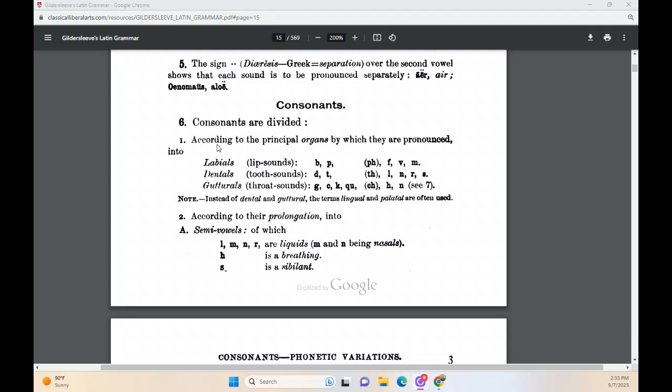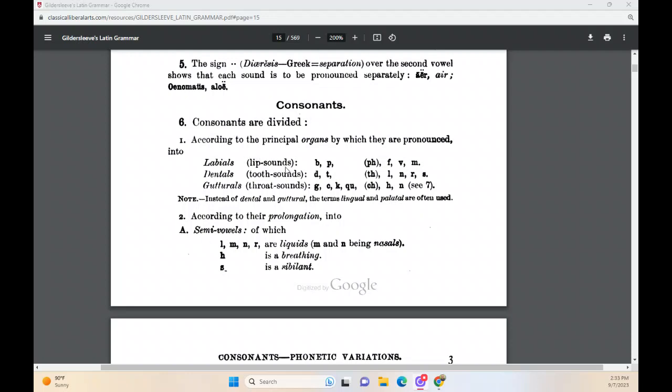We divided vowels by quality and quantity, and this really is the same division. We're dividing consonants by how they're produced, according to the principal organs used to produce them, and then we're dividing consonants according to their prolongation, or the amount of time that is used for their pronunciation.